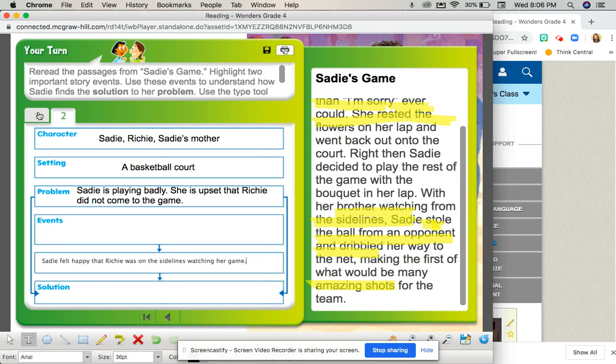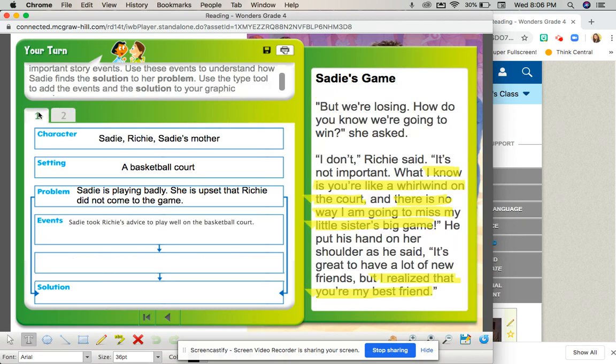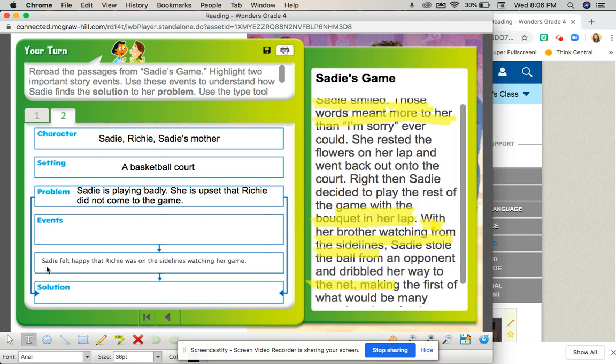So the first event that we have is that Sadie took his advice to play well on the basketball court. That solved this problem. And then it said Sadie felt happy that Richie was on the sidelines watching her game. So she's no longer upset that Richie did not come to the game. Now we will get the solution, how this problem was solved.